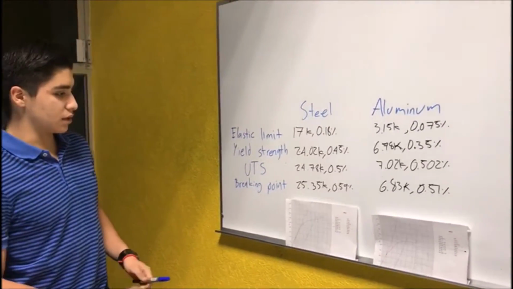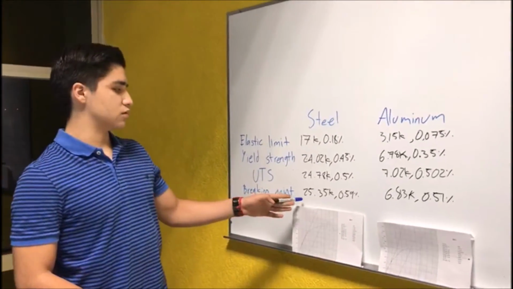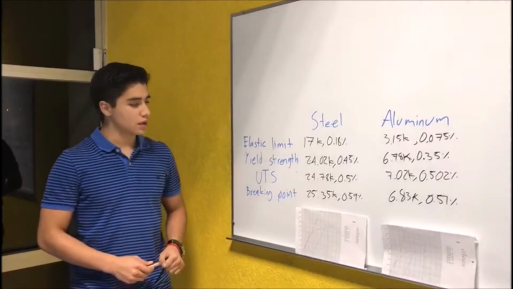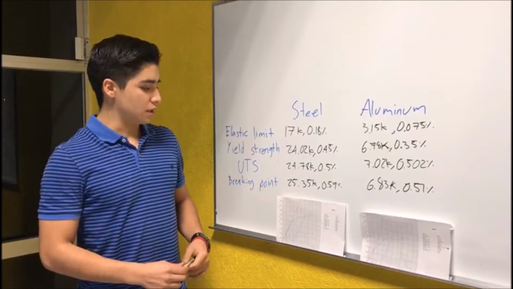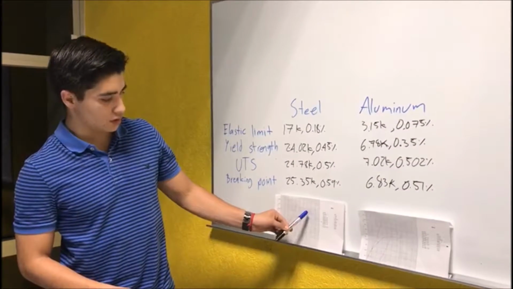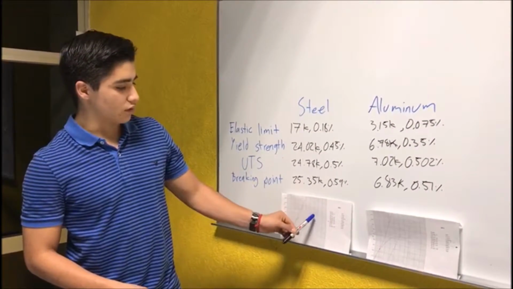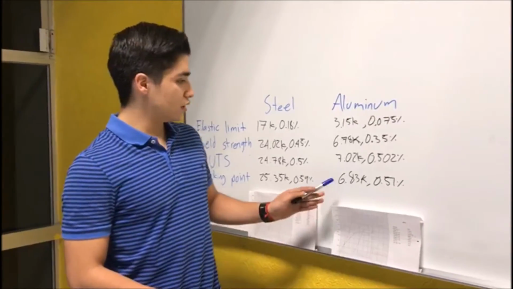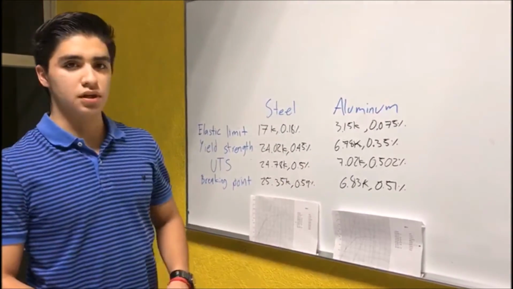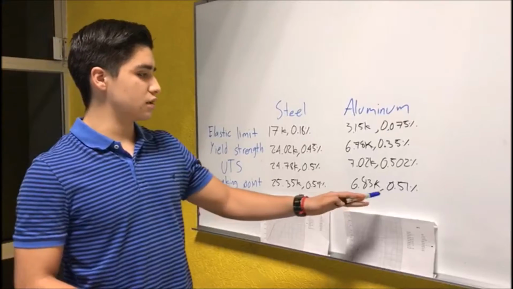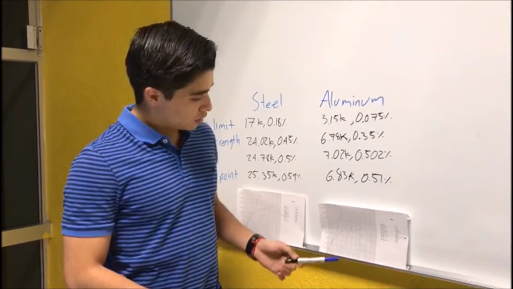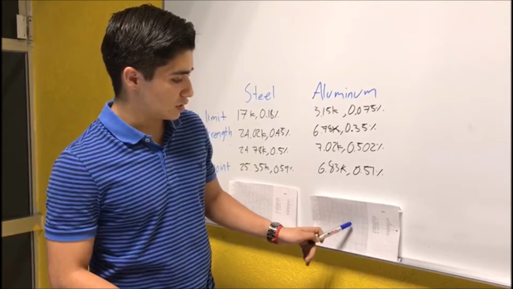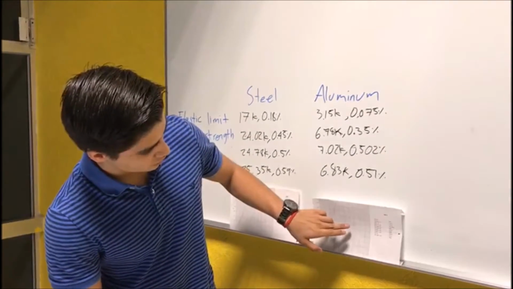Finally, the breaking point in the steel was at 25.35K and 0.59% of the stress. Okay, that is the last point in the graph, and in the aluminum 6.83K and the stress percent was 0.51. That is the same, the last point in the graph.